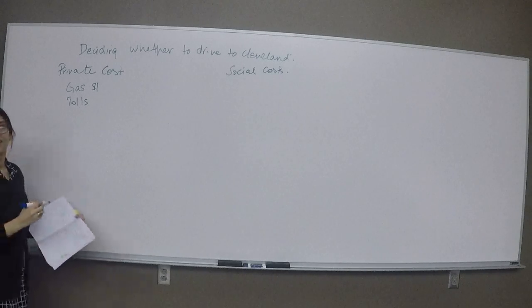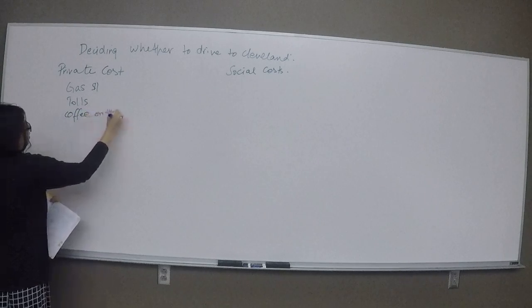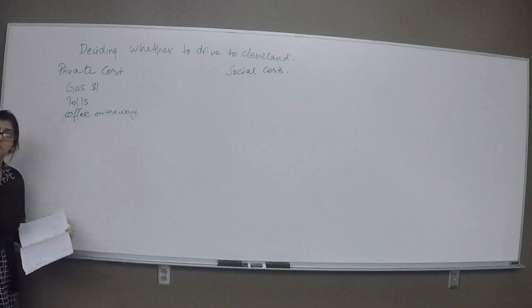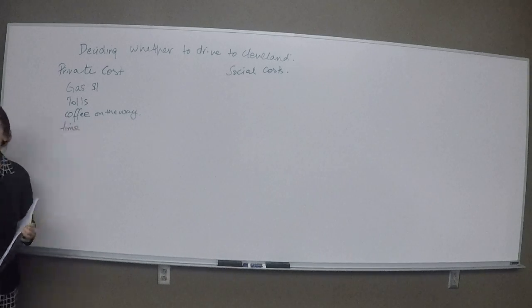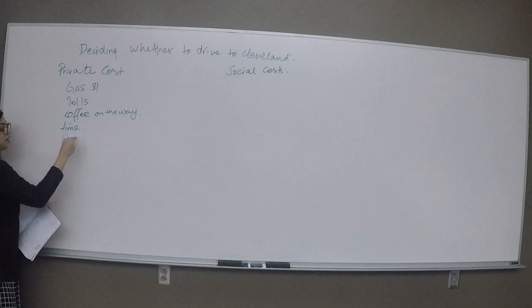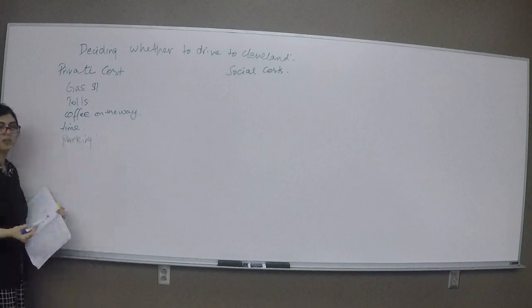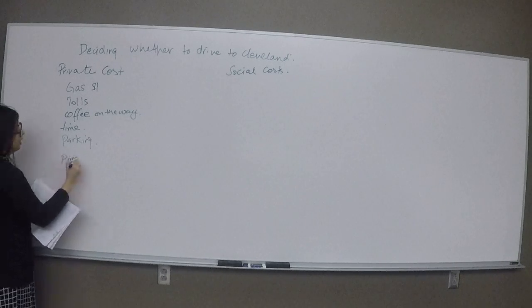Coffee on the way, sure. Time is money, yes. If you're driving, it's costing you your time. There's an opportunity cost of time. Every single thing that you spend doing one thing, you cannot do something else. So you could be doing something else instead of going to Cleveland. So time. What else? Parking. Cleveland, you have to pay a lot. So these are some of the costs. So let's say that the private cost total is $20.